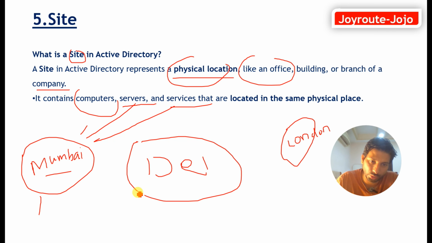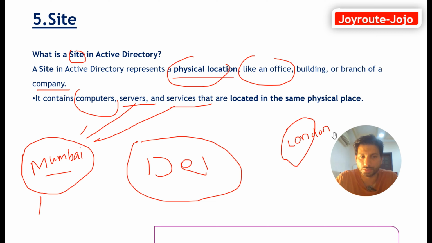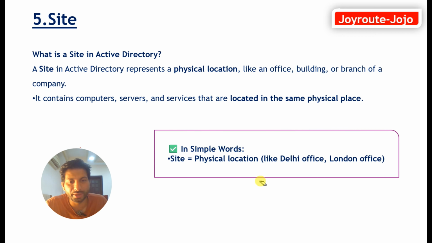The same you have in Delhi and in London. Such physical locations are called sites in ADDS, and that is one of the physical components of Active Directory Domain Services. In simple words, a site means a physical location like the Delhi office or the London office. That's called a site.